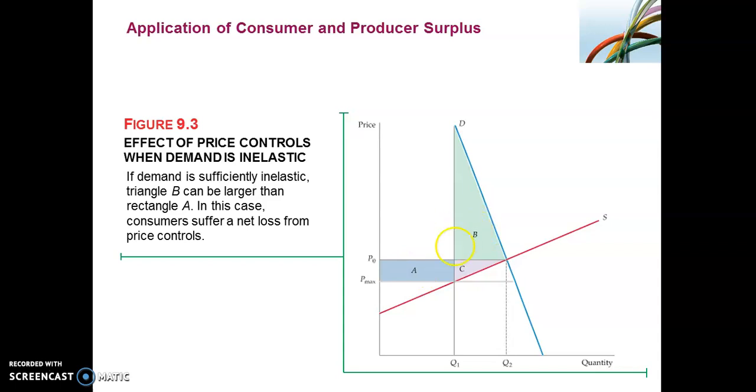But in the previous example, rectangle A was bigger than triangle B, which is why the net effect to consumers was still a gain because block A was greater than block B. However, you could have a scenario, as you see here, where you have an inelastic demand curve, and as a result of it, the triangle B, which is part of the deadweight loss to consumers, is greater than rectangle A. So, as a result of it, this is a net loss to consumers.